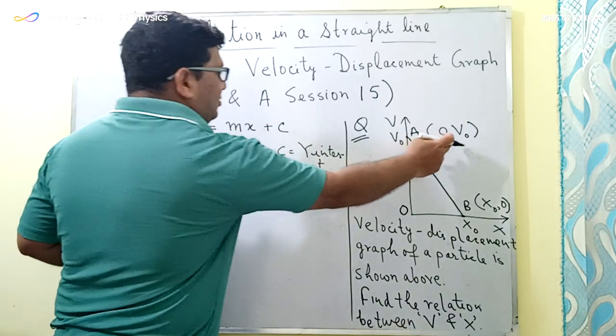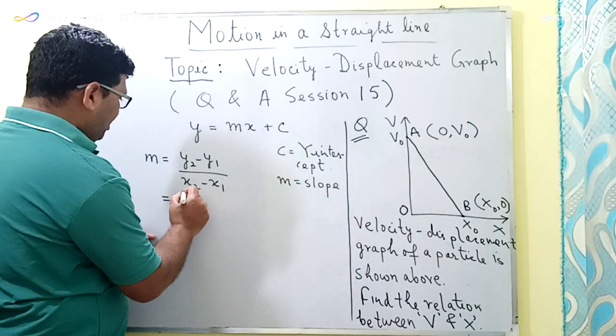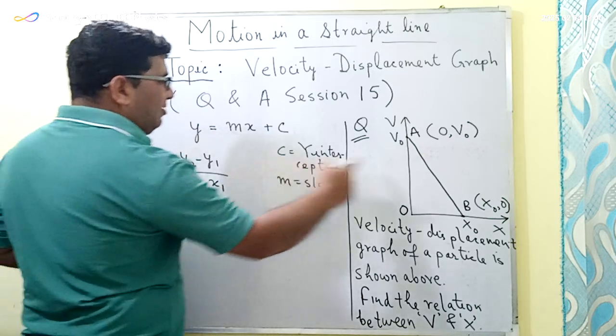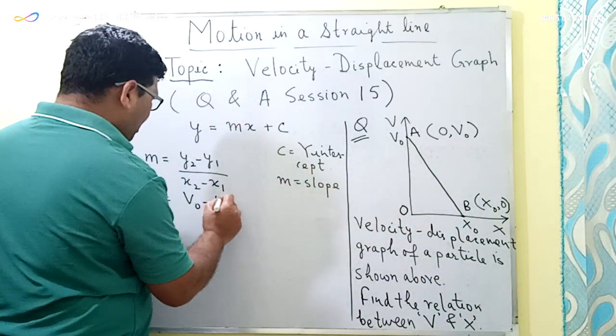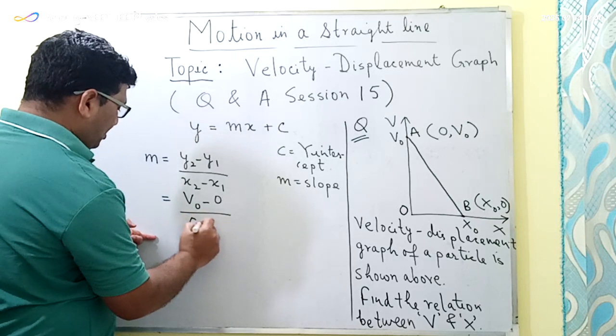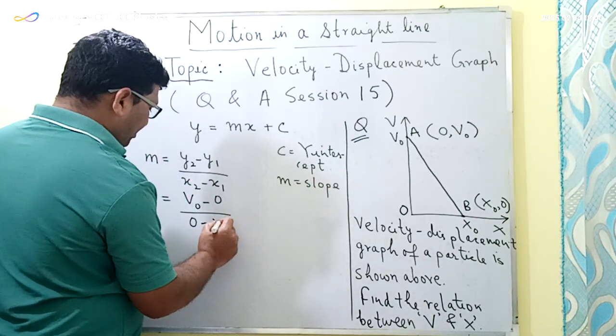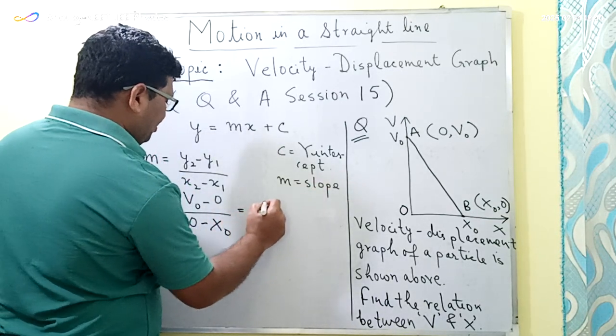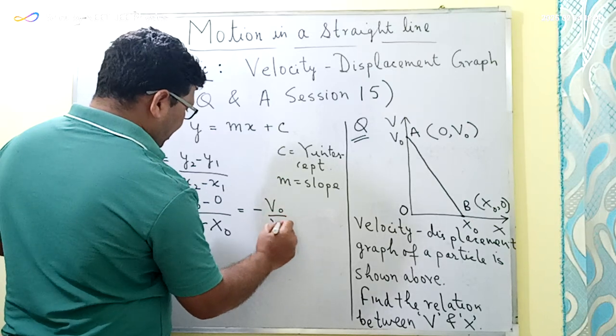So if y2 is v0, then y1 will be 0, and x2 will be 0 and x1 will be equal to x0. So here the slope is equal to minus v0 upon x0.